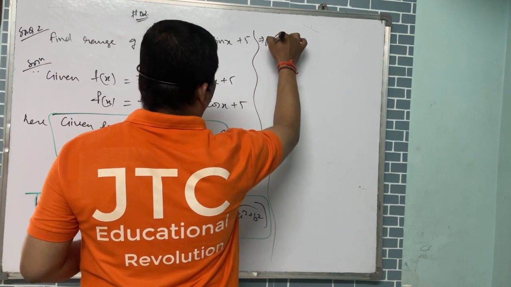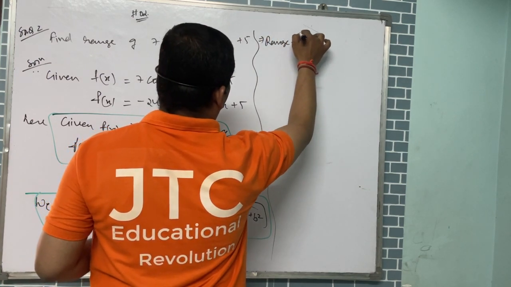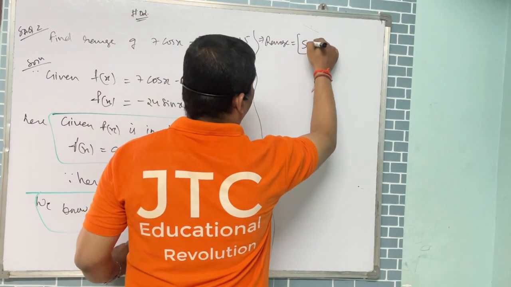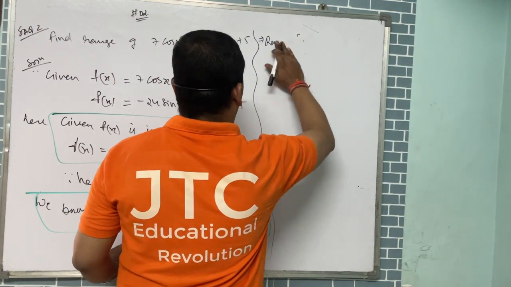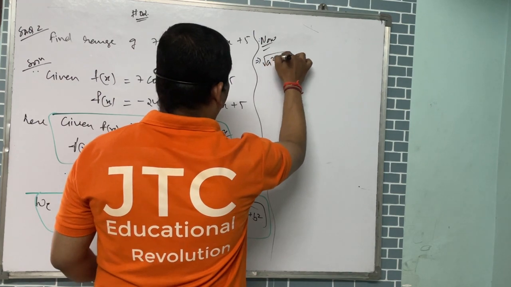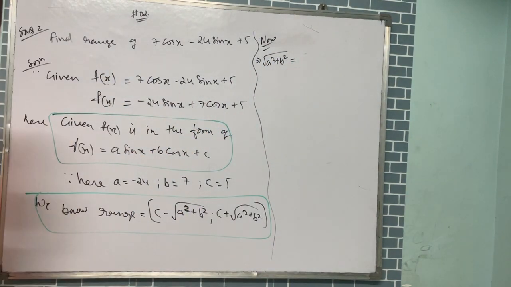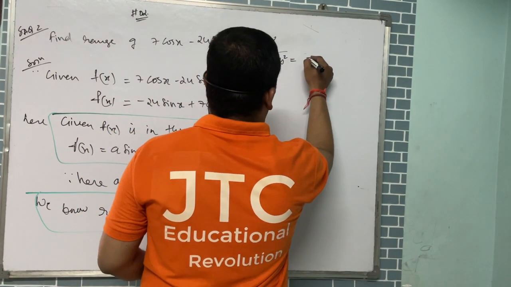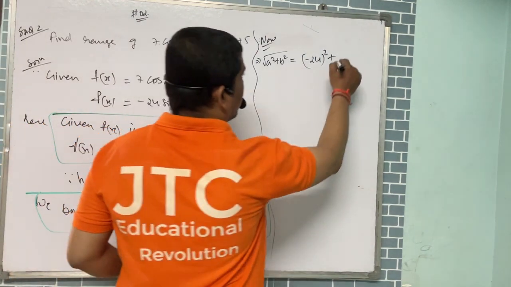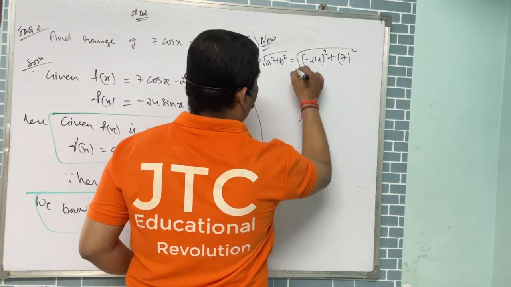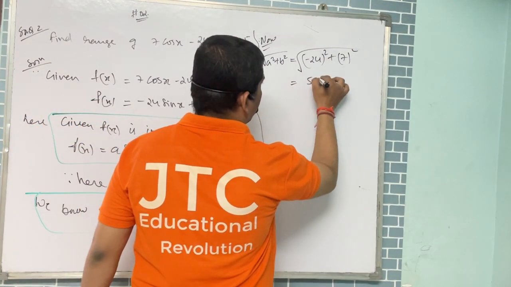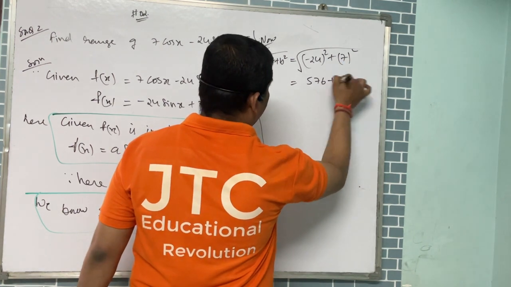So we just substitute and find it. Range is equal to c minus... what is our c? 5. Okay, we'll do one thing, student. First we'll find the square root of a square plus b square, so that we can save space. a square is minus 24 whole square, which is 576. b is 7, so 7 square is 49.